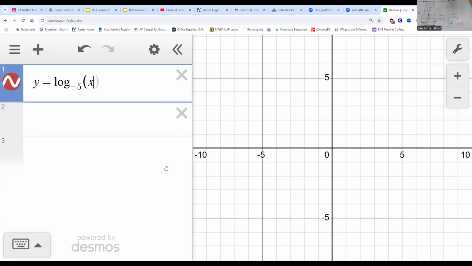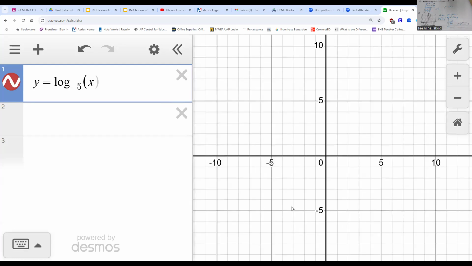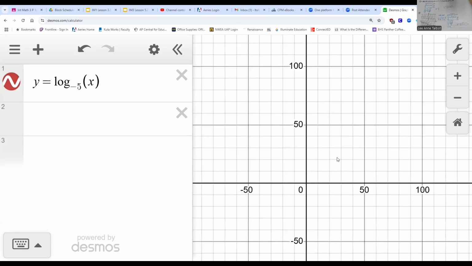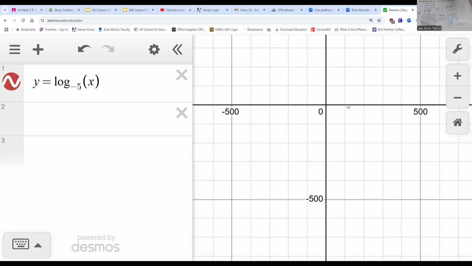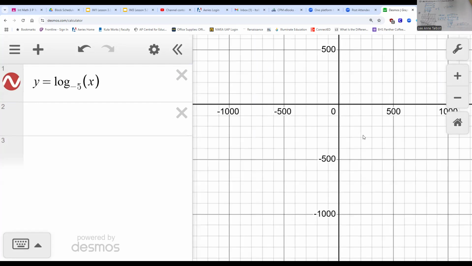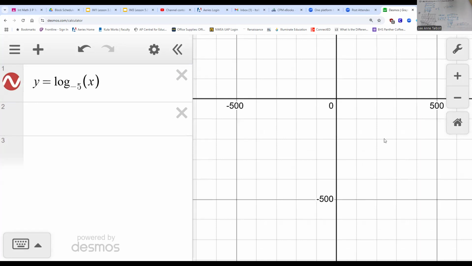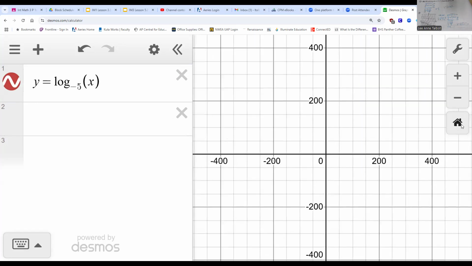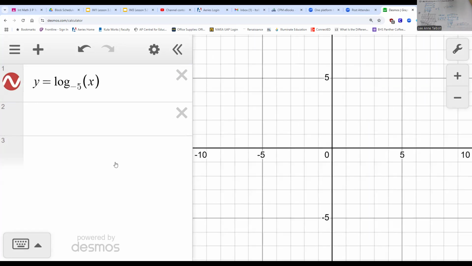Okay. Where is it? Disappeared. Okay, what is this telling us? Yeah, you can't have a negative base. Okay, so negative base log graphs don't happen.